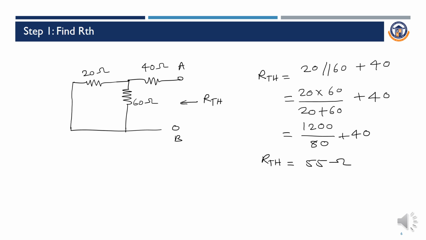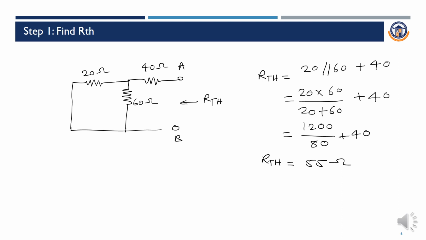To find the RTH across A and B, we have to start from the left hand side. That is, the 20 ohm resistor and 60 ohm resistor are in parallel. To make it a single resistance, we have to apply the reduction of the resistor, that is 20 into 60 divided by 20 plus 60.